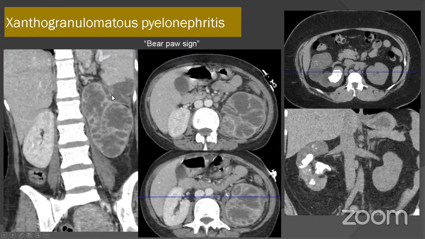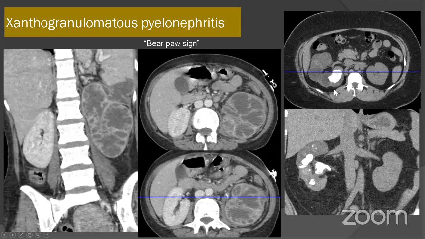There is extension of the collection into the subcapsular space and perinephric space, also involving the splenic parenchyma, so adjacent organ involvement. The renal pelvis is dilated, and there is a tiny obstructing calculus. This is the classic bear paw sign that is described for XGP on cross-sectional imaging.